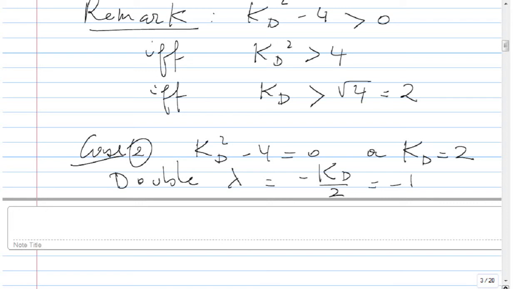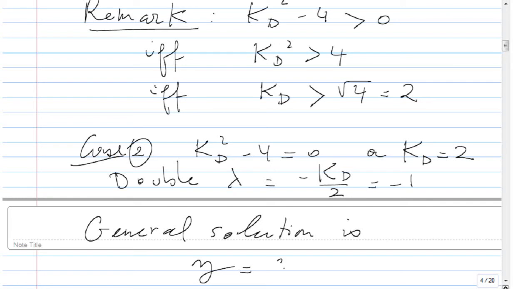So we know that the general solution in this case is y equal C1 e to the minus t plus C2 t e to the minus t. Okay?